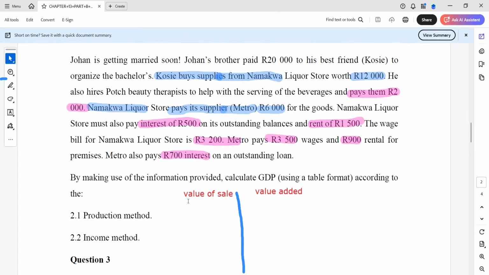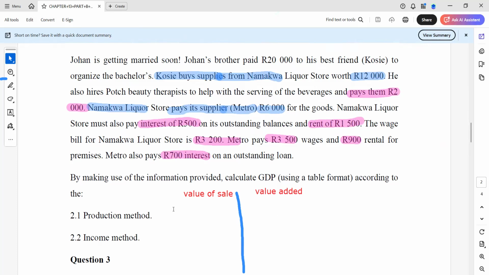So here at the beginning, the value of sale is 6,000 Rand because Namakwa Liquor Store pays its supplier Metro 6,000 for the goods. So the value of sale that Metro receives is 6,000, and the value added is also going to be about 6,000.